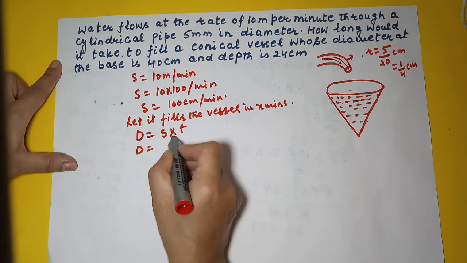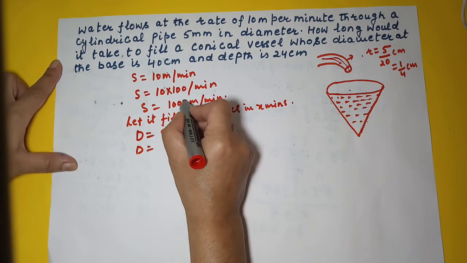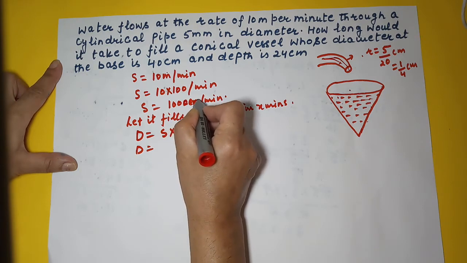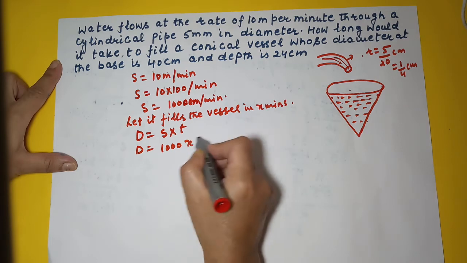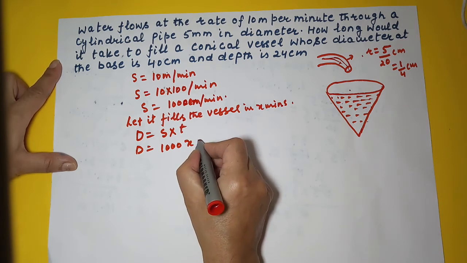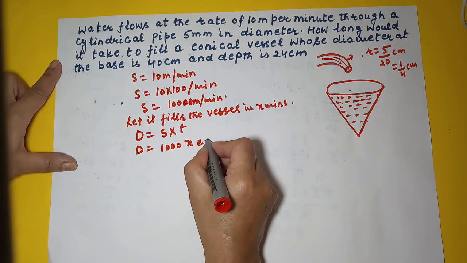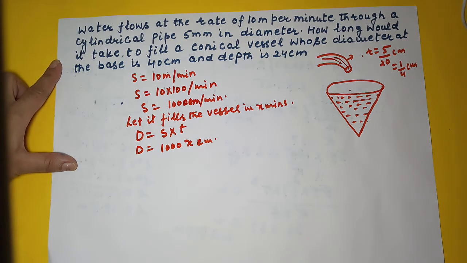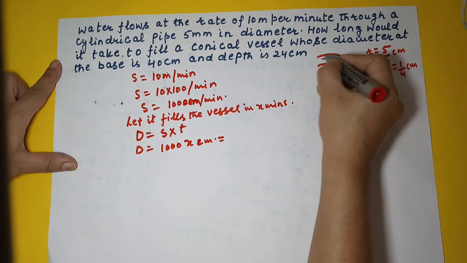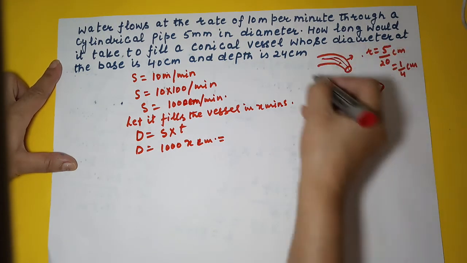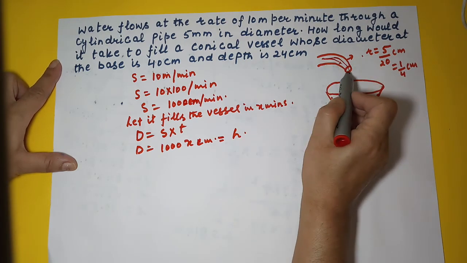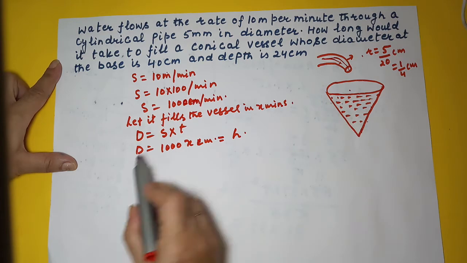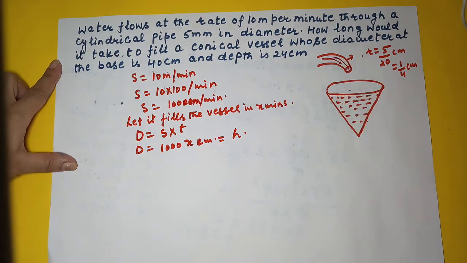So distance is equal to speed, we have 1000 centimeters per minute, and time is x minutes. That is the distance, right? Now this distance becomes the height of the cylinder, right? So that is h. Cylindrical pipe height becomes the distance of this cylindrical pipe.